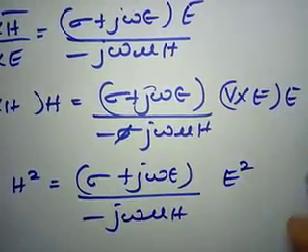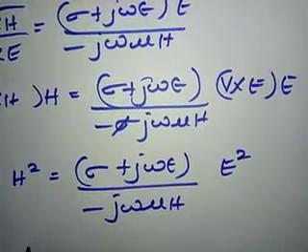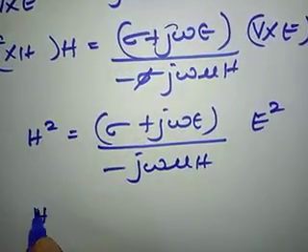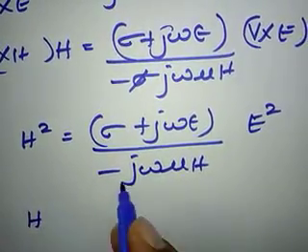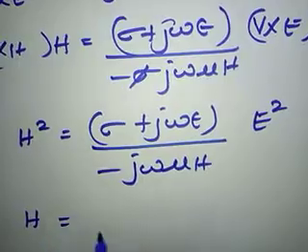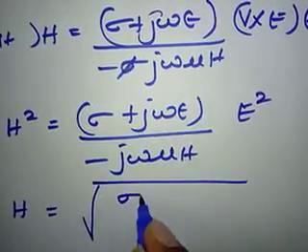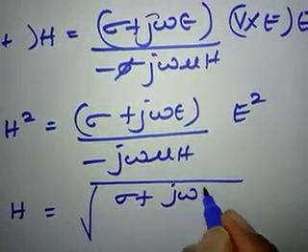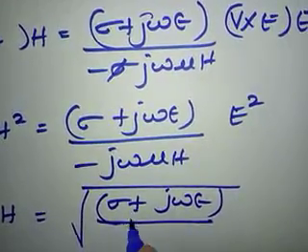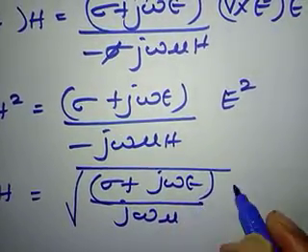What will be the absolute value of H then? Note that it is the absolute value, so the minus sign will go. So H is equal to square root of sigma plus j omega epsilon divided by j omega mu, into E.